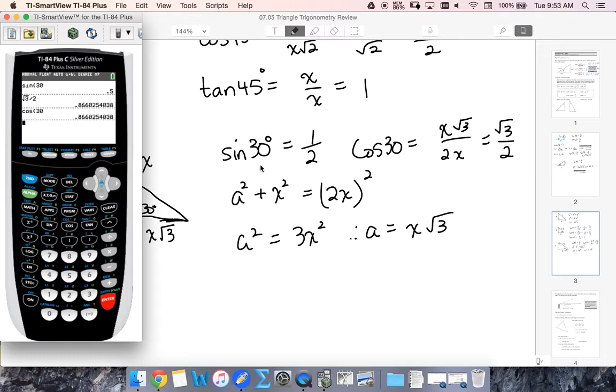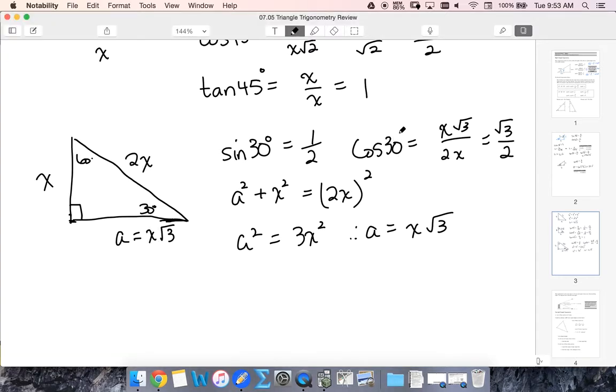So sine of 30 is a half, cosine of 30 degrees is root 3 over 2, tangent of 30 degrees, opposite over adjacent, 1/2 divided by root 3 over 2. Looking at this triangle, I would have x over x root 3, which is 1 over root 3. If I rationalize the denominator, that's root 3 over 3.